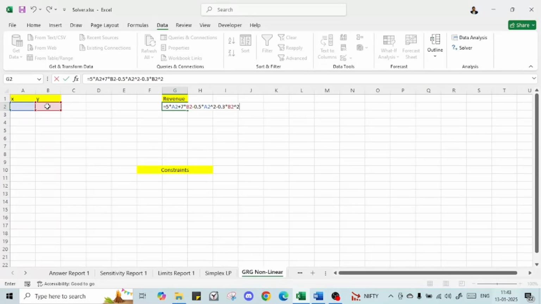This is what our revenue function expression is, or we can also say the function.